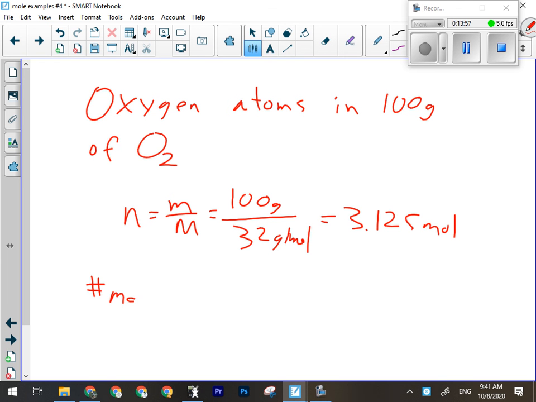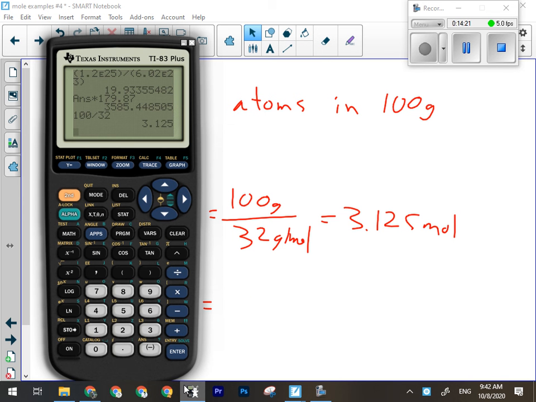But I have to remember that when I do that, I'm calculating the number of oxygen molecules, not the number of oxygen atoms, because I used the molar mass of oxygen molecules, and that's the way most people would do it. They would go, all right, the number of molecules is that number times Avogadro's number, so they just go times 6.0223, and they get this number. All right, there's my number of oxygen molecules.